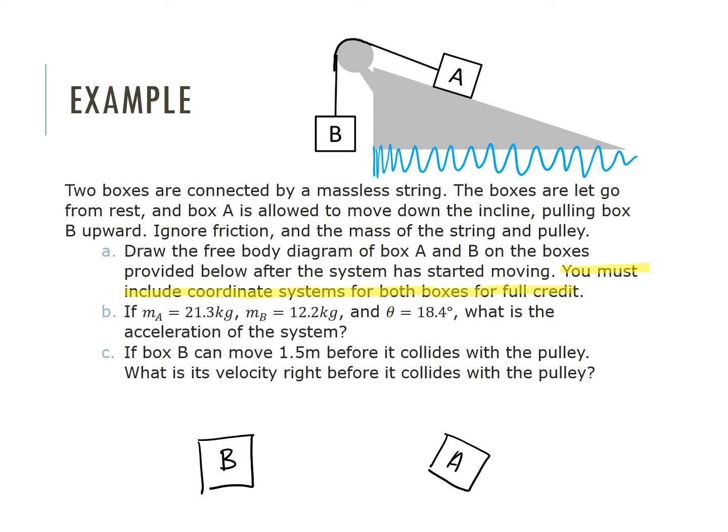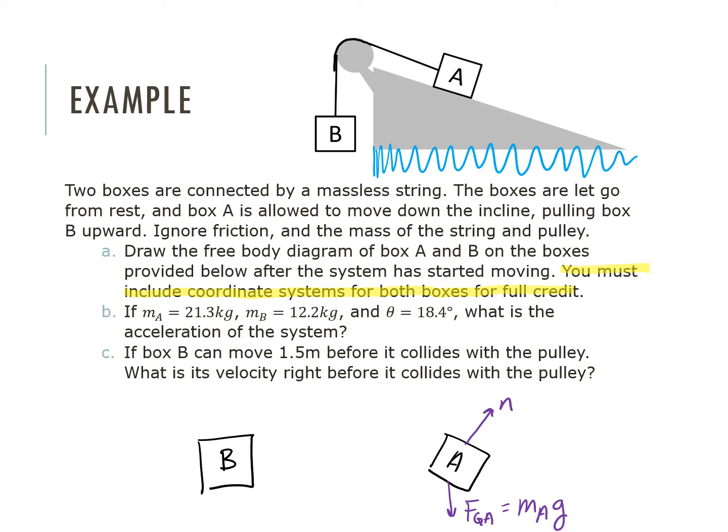So for A, it is on an incline, which means that the normal force is going to be perpendicular to its surface. The force due to gravity, I need to indicate that this is for A, or I could write mAg. That needs to be there.